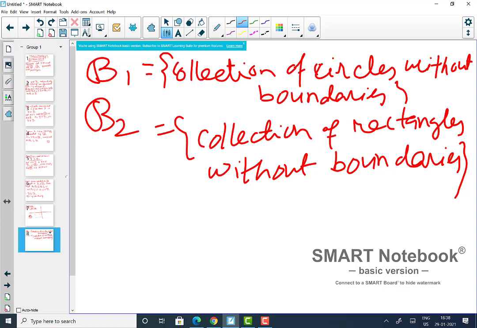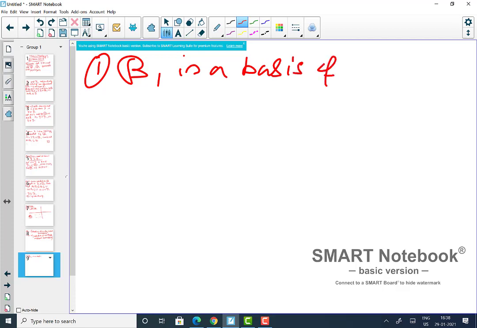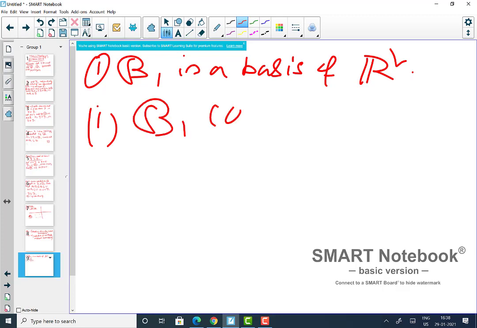Why? Because first of all, B1 is a basis of R2. Both conditions hold. B1 covers R2, right?